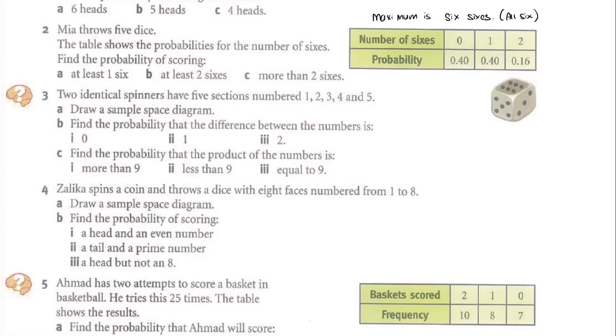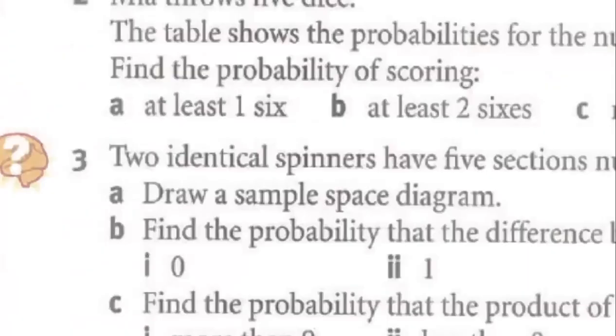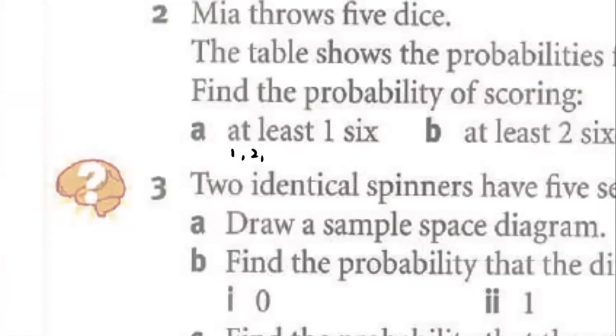Find the probability of scoring at least 1. At least 1 means what? 1, 2, 3, 4, 5. So you need to find the probability of this. Or instead, you can just find the probability of not 0.